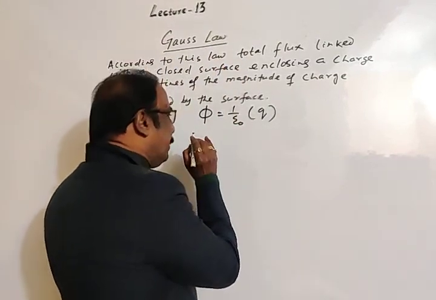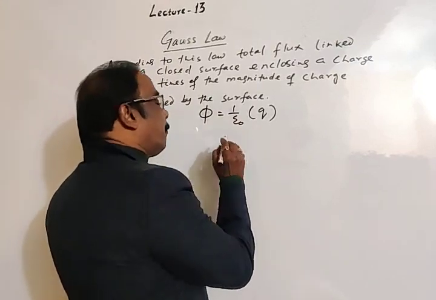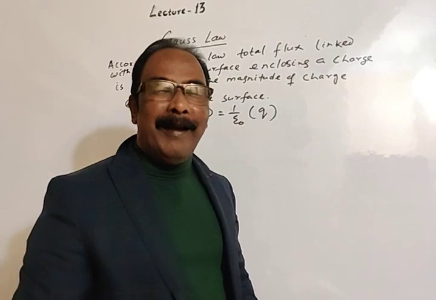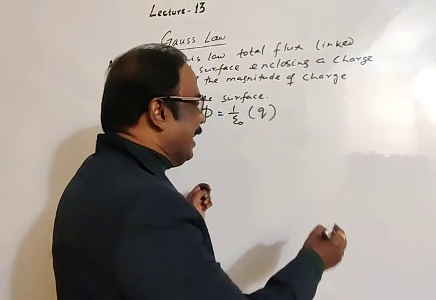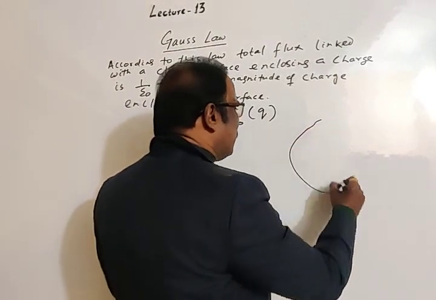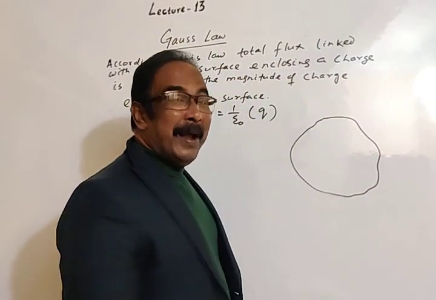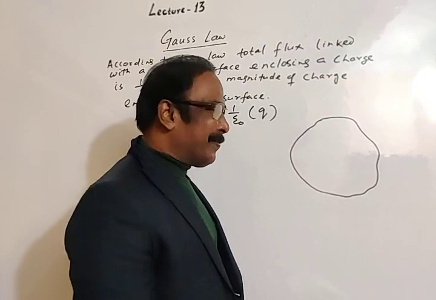But before that, we know flux is a dot product of electric field and area vector. Let's consider any imaginary surface. I have taken an irregular surface.